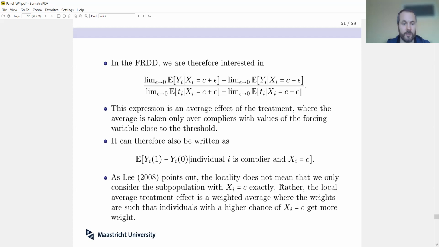If we're again thinking of a test score, those individuals that, for instance, score extremely high, are very likely to score extremely high. Those get a small weight because they are far away from this cutoff with high probability. And those people that are likely to score close to the cutoff get a large weight in the calculation of the treatment effect. Okay.